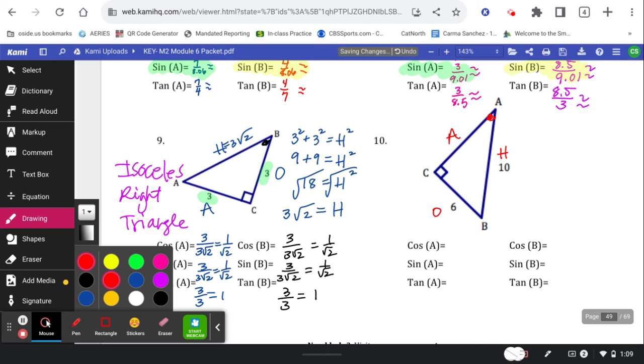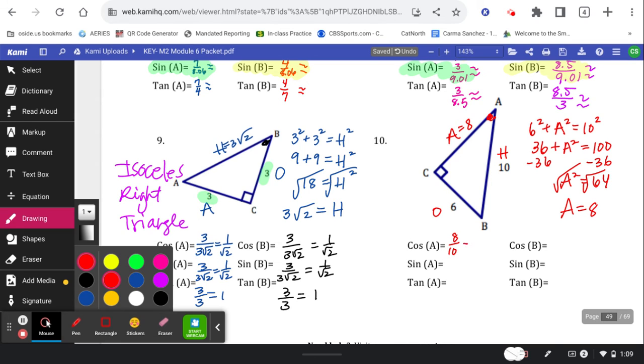Uh-oh, we're missing an adjacent again. Okay, cosine of A is equal to adjacent over hypotenuse. Sine of A is equal to opposite over hypotenuse. Tangent of A is equal to opposite over adjacent.